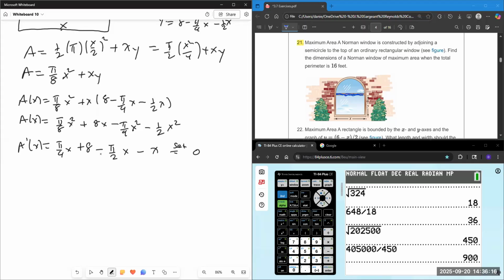So let's take my x's over to the other side of the equation, since most of them are negative, and leave the 8 to be positive. I have x plus pi over 2 x minus pi over 4 x is equal to 8. So pi over 2 minus pi over 4 is pi over 4.